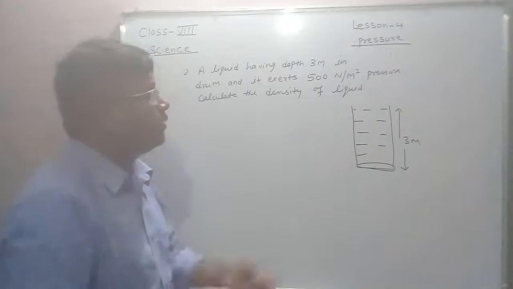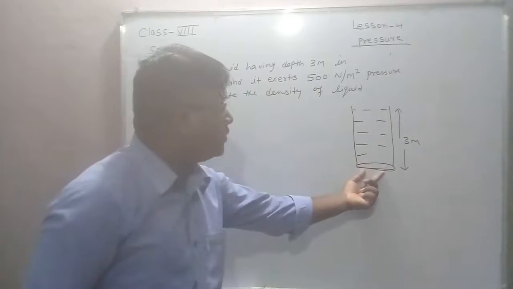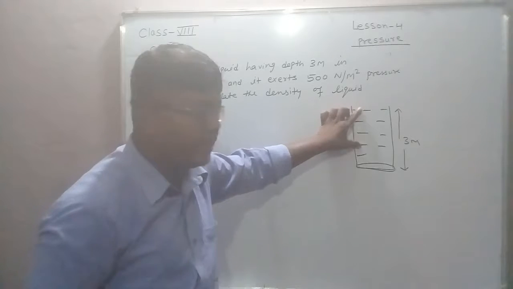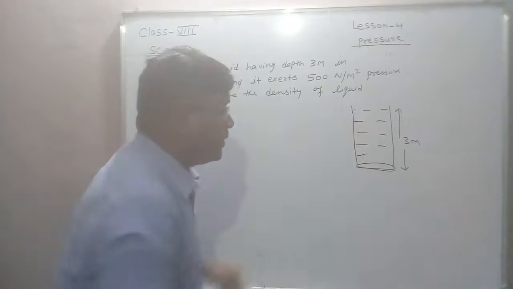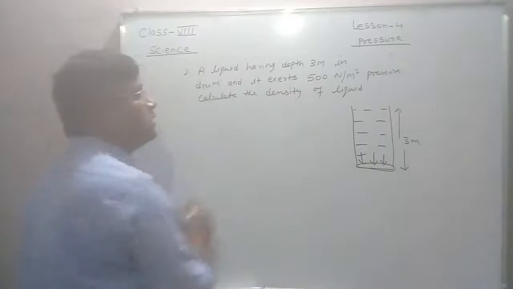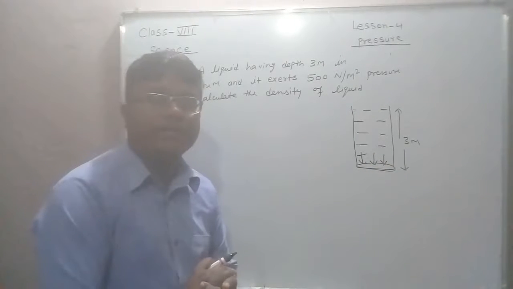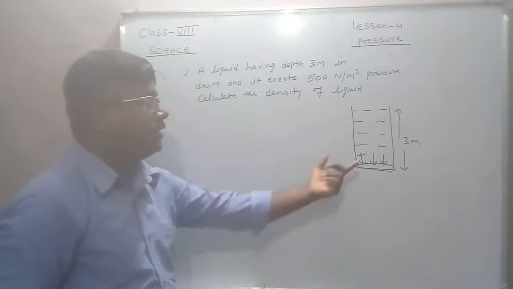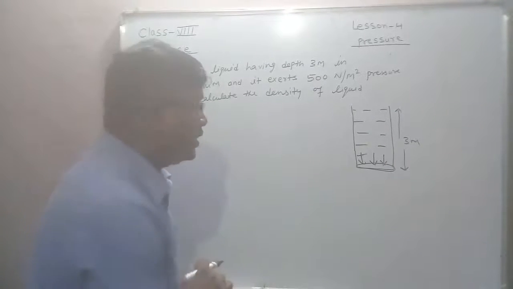Due to the weight of this liquid, it will exert pressure on the bottom, and that pressure is given to us as 500 Newton per square meter. So we need to calculate the density of this liquid.